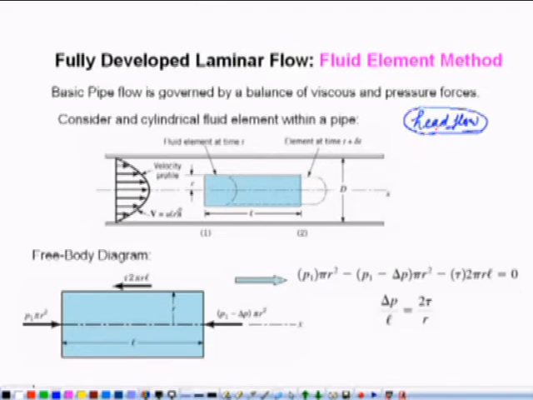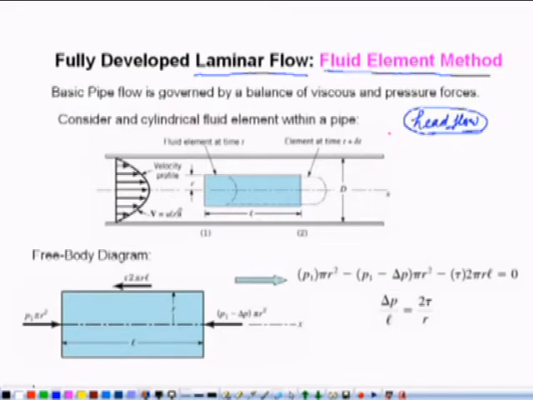So first we are going to develop the formula for laminar flow with the help of the control volume approach or with the help of the fluid element method. We have different methods for developing this formula.